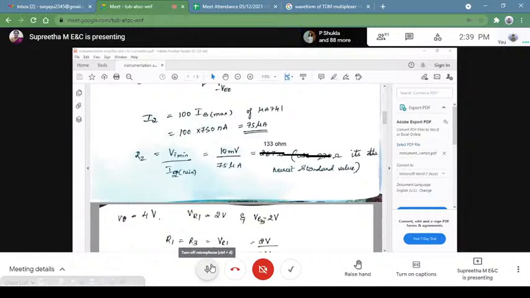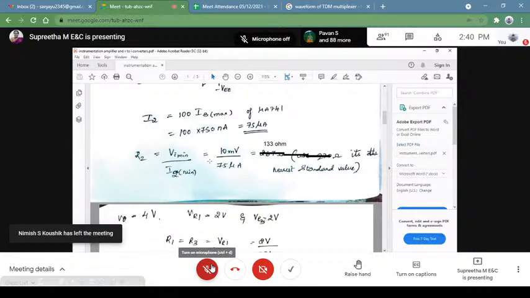26.53 kilo ohms. Sorry, so the standard value would be 27 kilo ohms. So we know that in our instrumentation amplifier, we usually take R1 equal to R3.